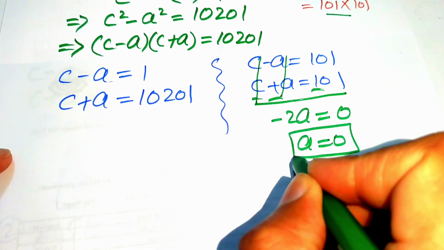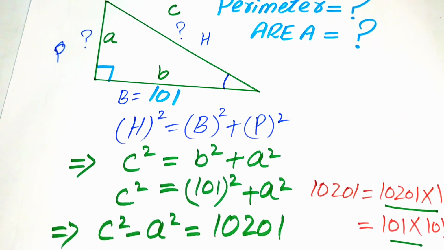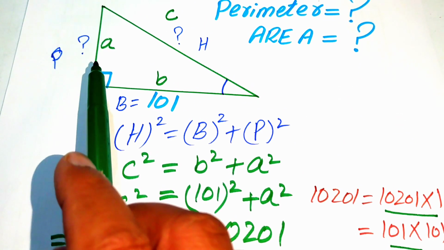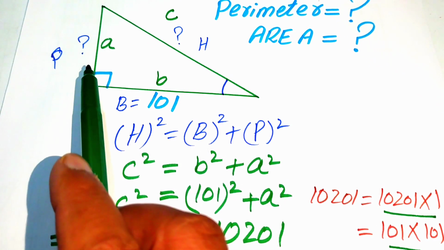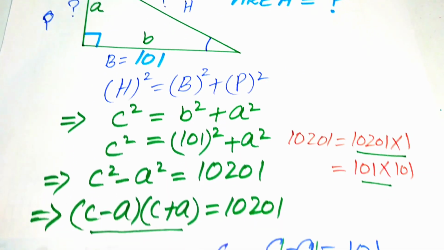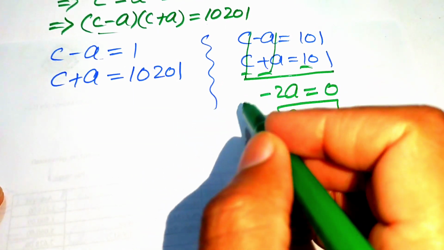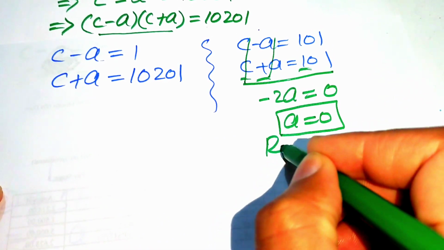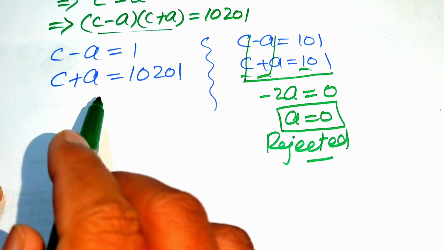So if a equals 0, it means that the length of one side of the triangle is 0, because we know that a is called the perpendicular side. So any side of a triangle cannot be negative or 0. So it is not possible, and we reject this case and we just proceed with this case only.